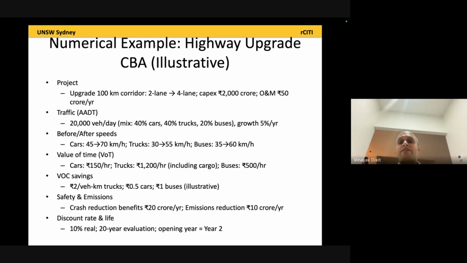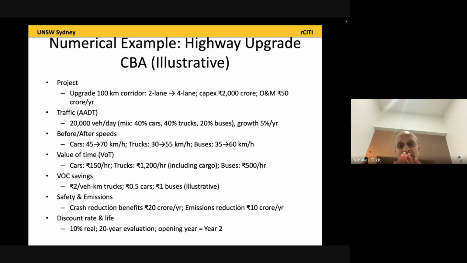The operations and maintenance is rupees 50 crores per year. That means every year making sure the road is cleaned and the pavement is of the right condition, is rupees 50 crores a year.